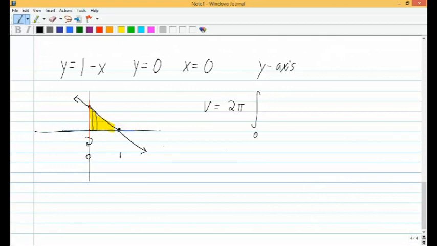So this is the integral from 0 to 1. Alright, now remember what goes inside here. The average radius, which is the average radius of each one of these shells. The radius is going to depend on where you are on the x-axis. It's going to be anything between 0 and 1, but we can just say the average radius is x.